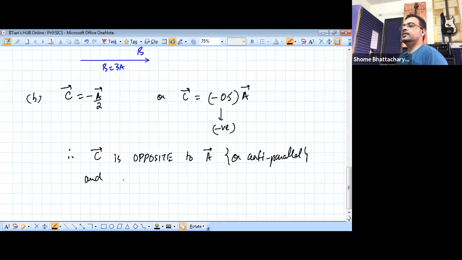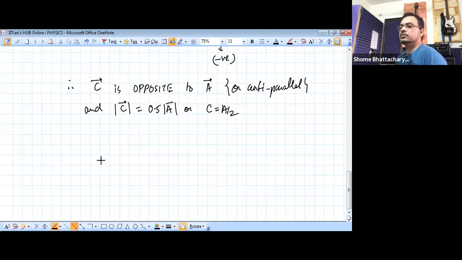And of course, the magnitude of C will become 0.5 times the magnitude of A, or A by 2. So once again, because the vector A was like this, now in the same diagram we can represent vector C as something like this. And as we discussed last time, it doesn't matter whether we draw C here or here or here. We can draw it anywhere we like, but as long as it has the same magnitude and the same direction, it's always the same vector.